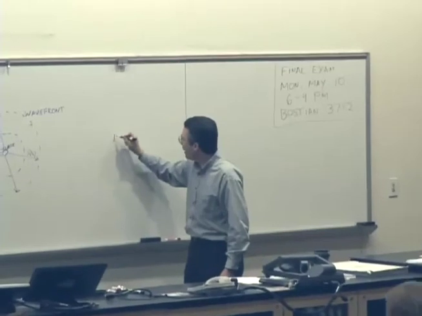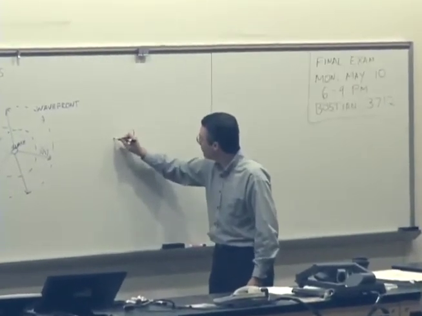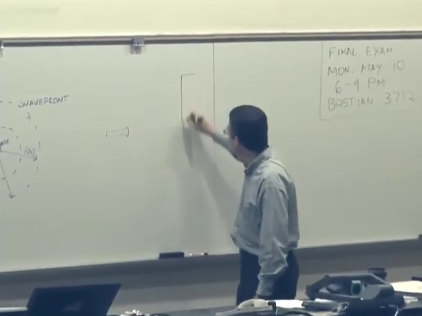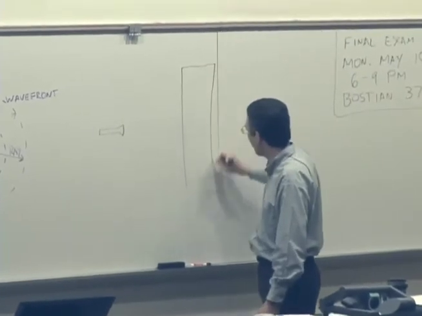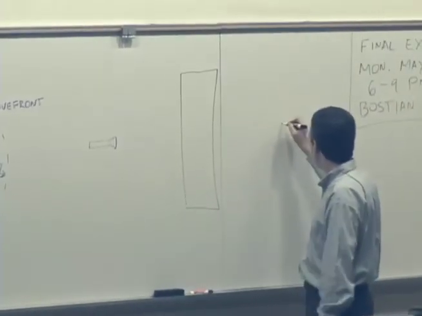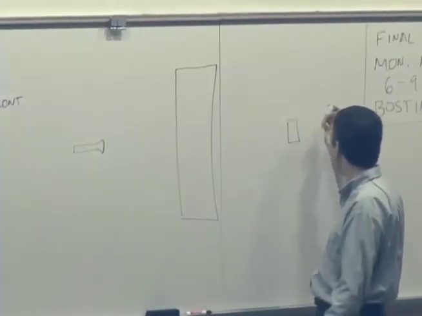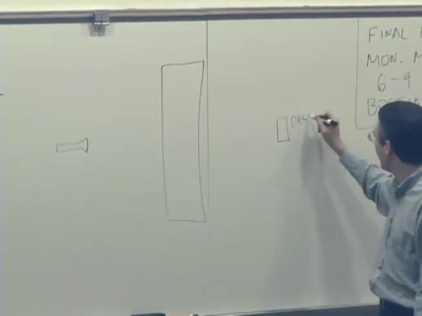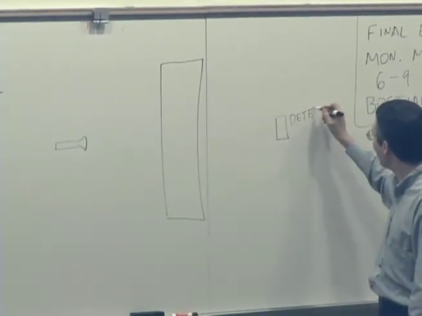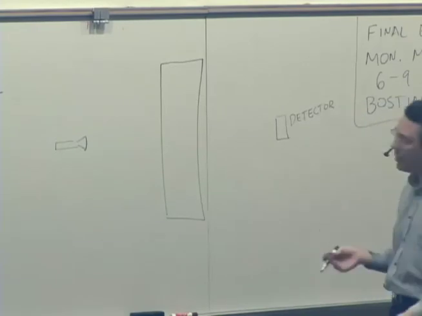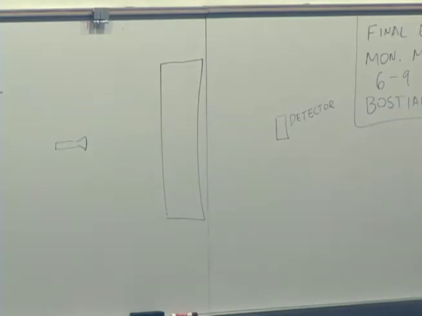If I have a flashlight, for example, and here is a block of glass, and here's some detector over here where I'm going to detect the light coming in. There's really two ways to measure the speed of light.